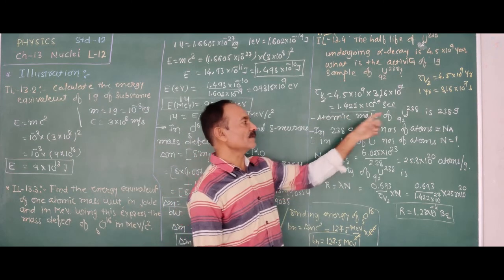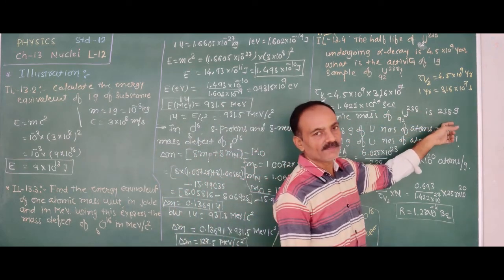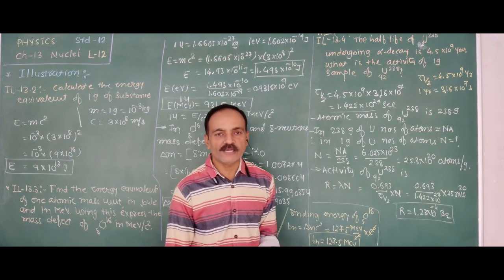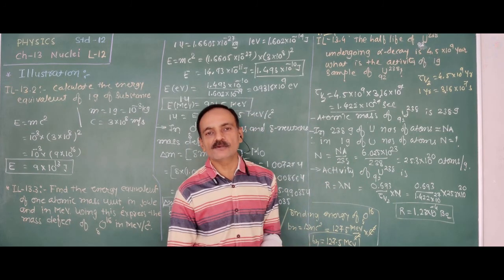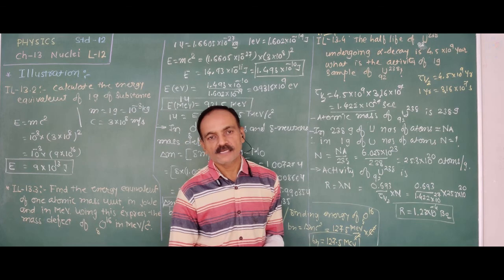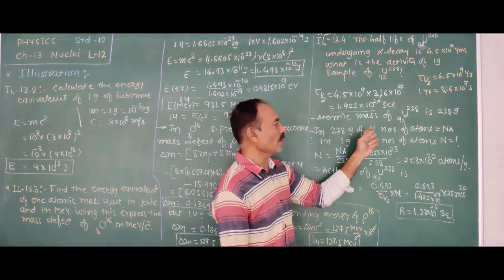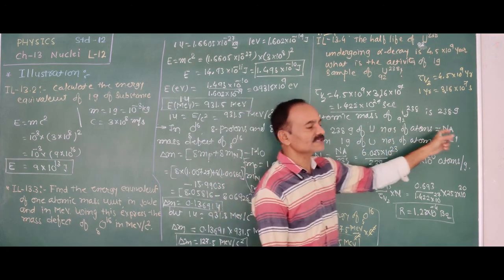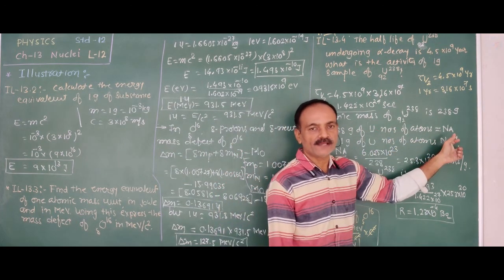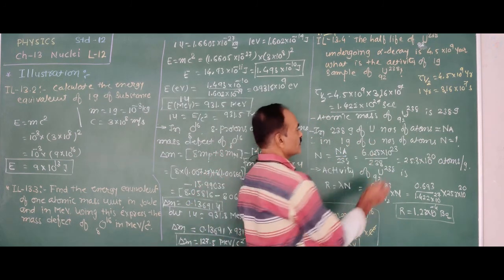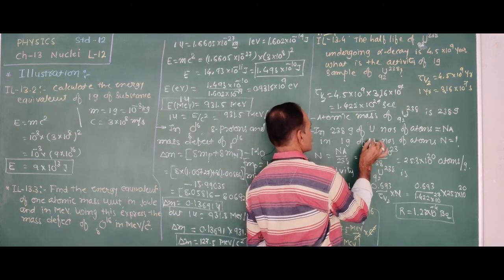The atomic mass of uranium is 238 grams. That is the mass of 1 mole. In 1 mole of uranium, the number of atoms is equal to Avogadro number. In short, in 238 grams, that means in 1 mole of uranium, the number of atoms is equal to Avogadro number Na. Therefore, in 1 gram of uranium, the number of atoms is how much?